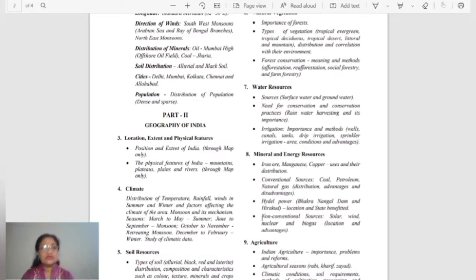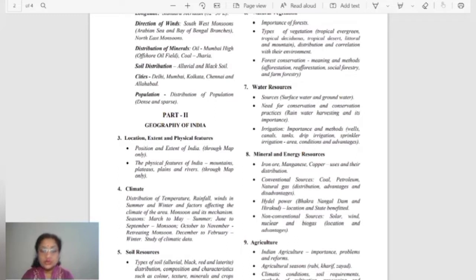Next chapter is the non-conventional sources of energy. Under the non-conventional sources of energy, solar energy is there, wind energy is there, nuclear is there, and biogas is there. That means 4 non-conventional sources of energy you have to study.